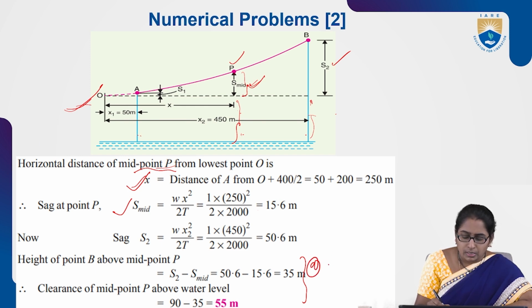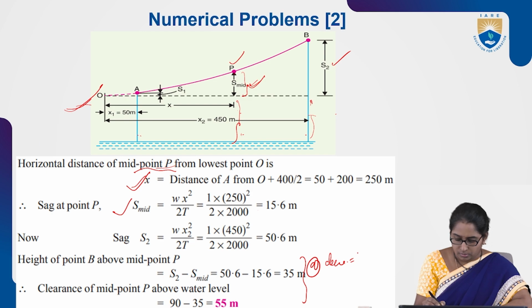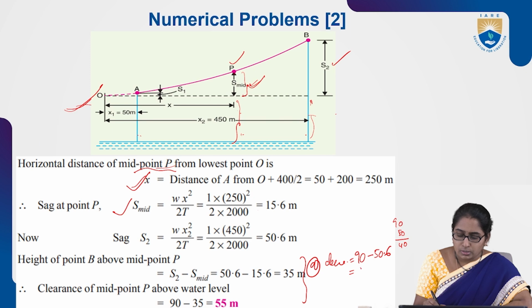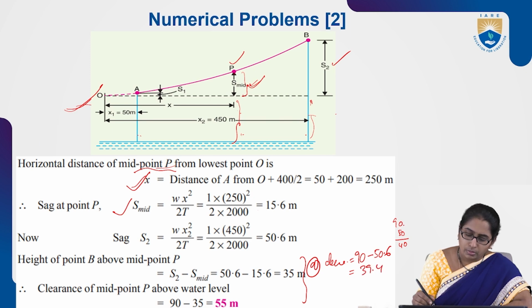So the minimum clearance is 90 minus 50.6, so 39.4.